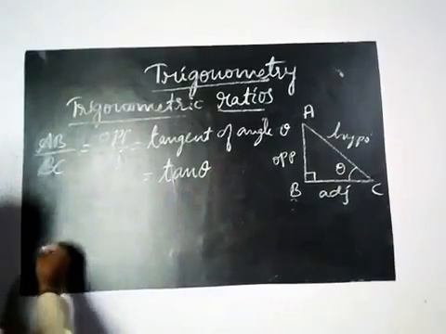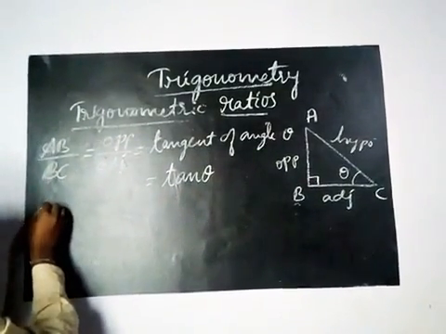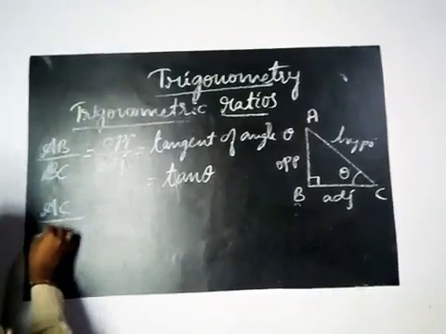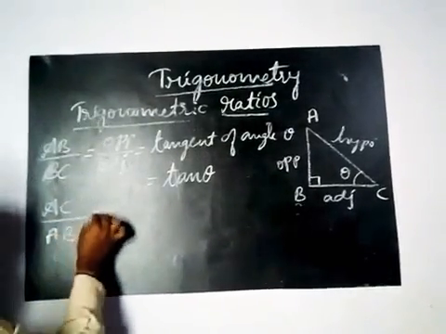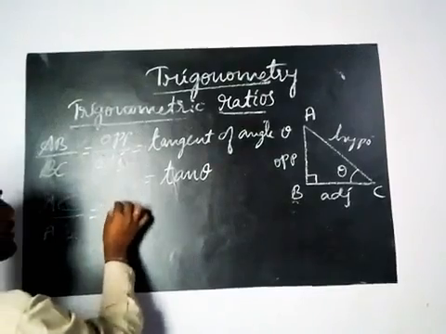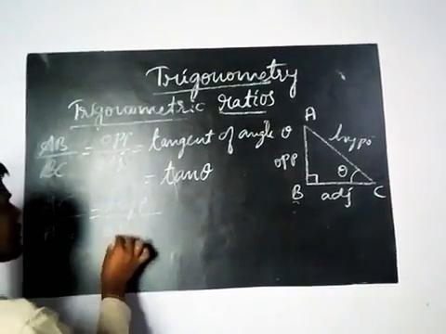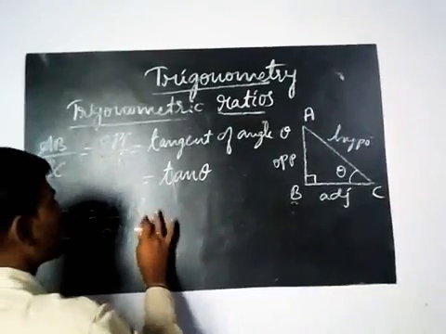Okay, and the next ratio we have taken is AC by AB. AC is the hypotenuse divided by the opposite. It is the reciprocal of the first ratio.